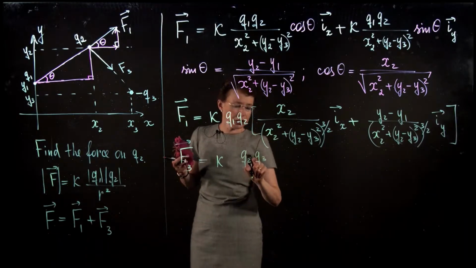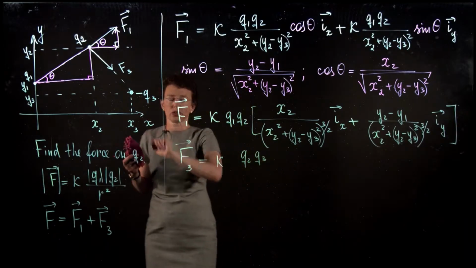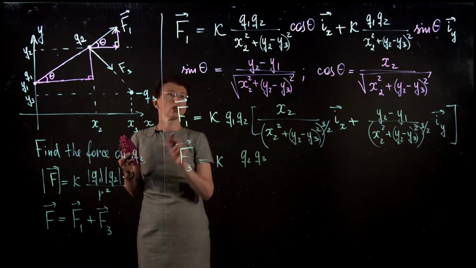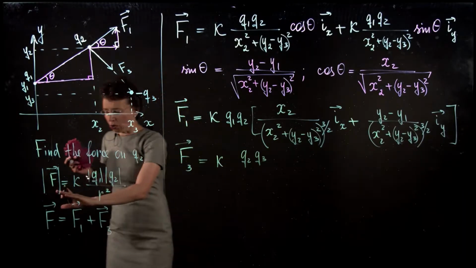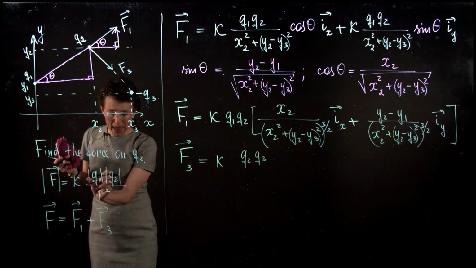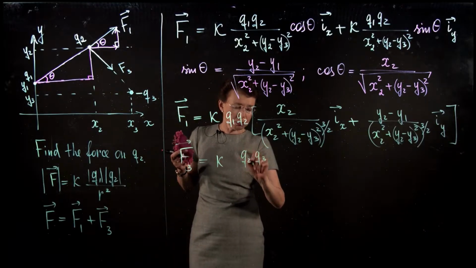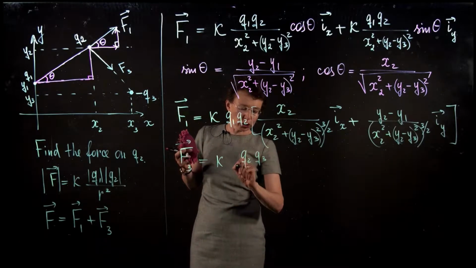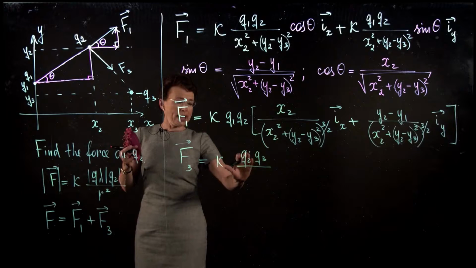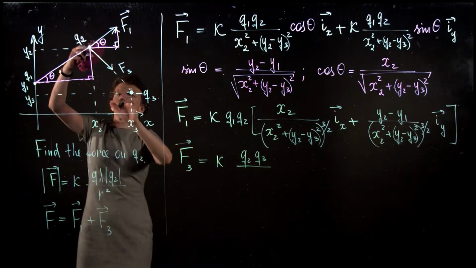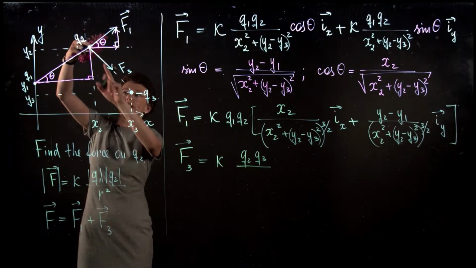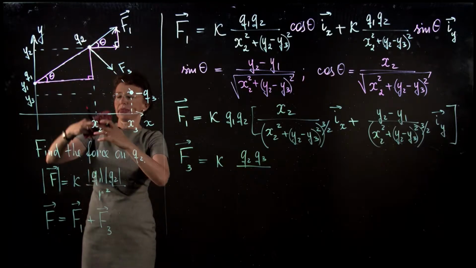Do I need to put here Q3 or minus Q3 in magnitude? So we understand that Coulomb's law tells us that for magnitude of force we have absolute value of Q1 and of Q2 and Q3. So I put here magnitude of Q2 and Q3. No minus here. So Q2, Q3, I divide by distance between them squared.